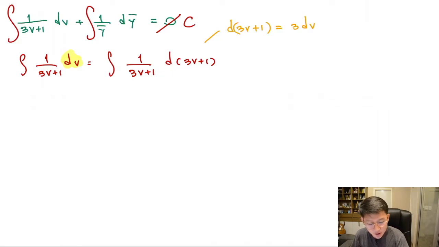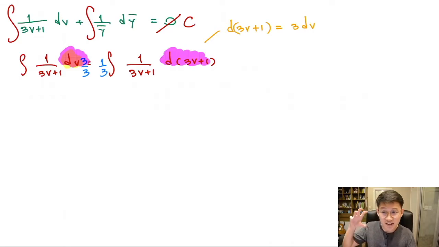So we need to somehow put 3 and 3 there, right? So 3 dv would become d of 3v plus 1, and in that case we have 1 right here. Make sense? This is integration by substitution. If you don't remember it, go back to calculus 1 or just come and ask me. I'll help you.